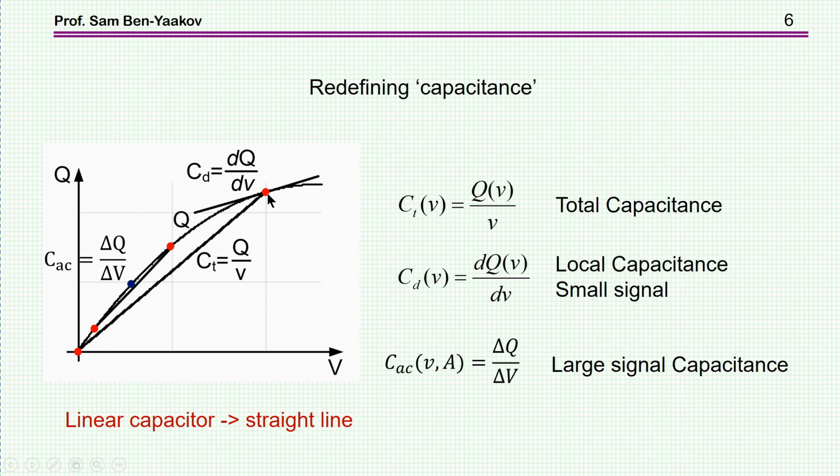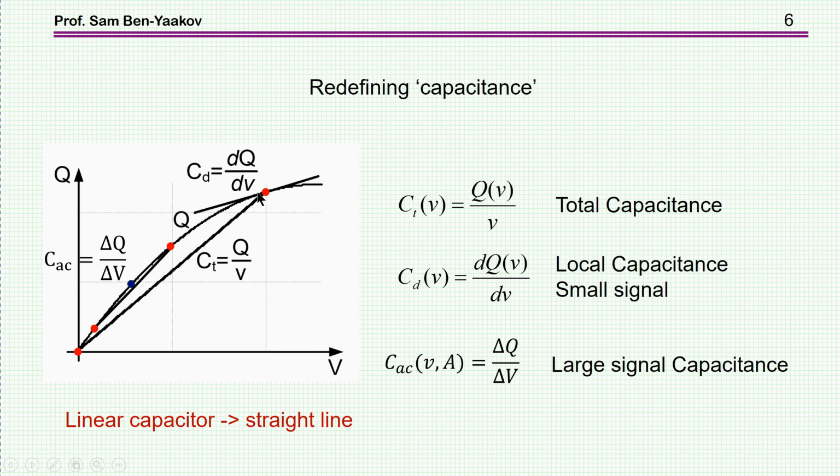Suppose the voltage is this value, this is now the charge, Q over V is the capacitance. That's one definition. Then there is the local capacitance, or small signal capacitance, or the slope or derivative, the slope at a given point, okay? dQ over dV, this is this slope here.